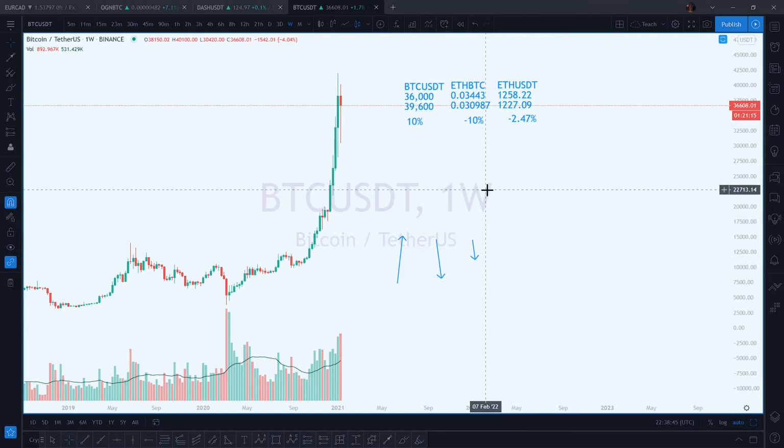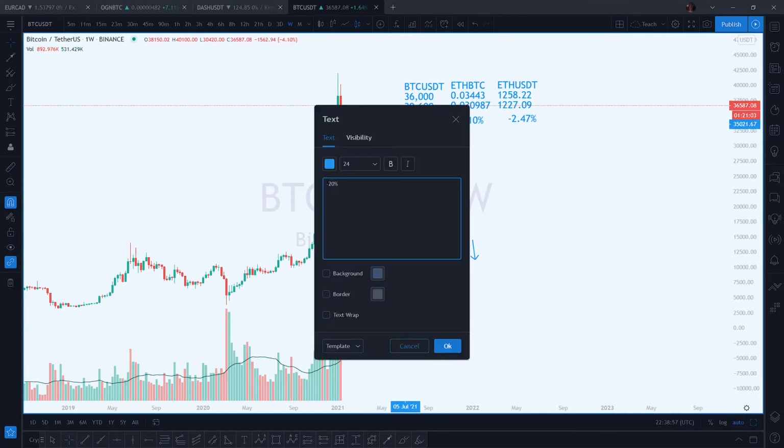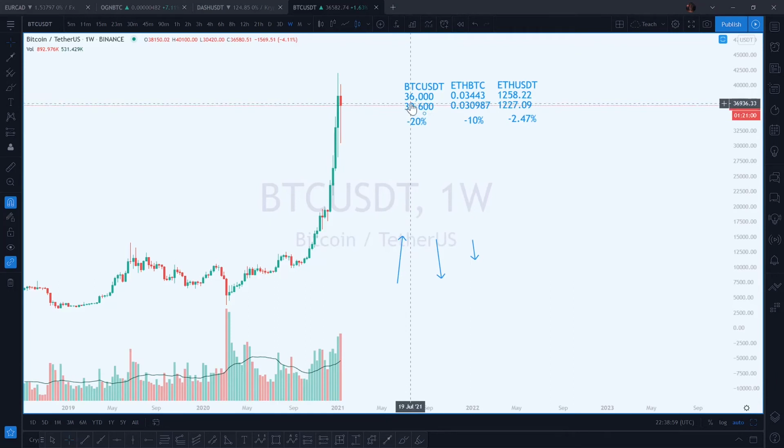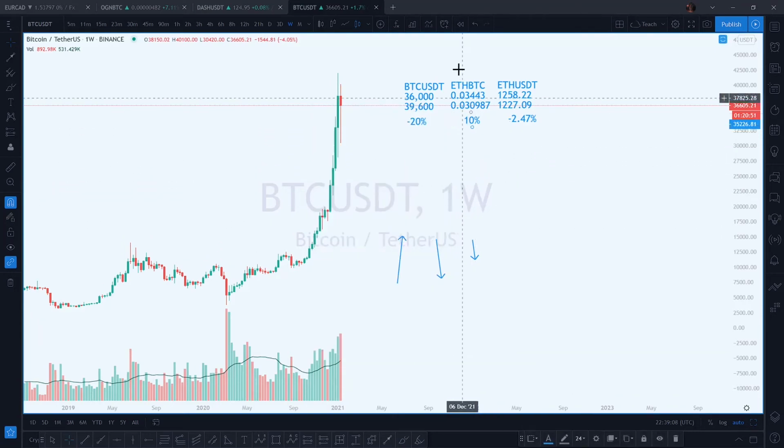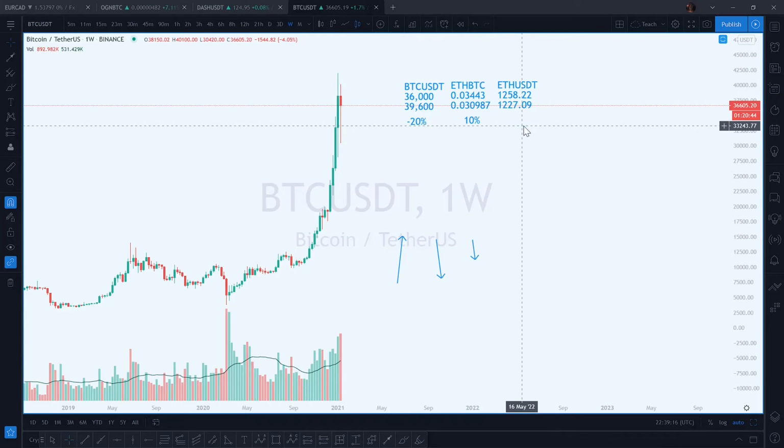But then assuming we have a 20% drop on Bitcoin from this last price, and we have a 10% move to the upside on ETH BTC, what would be the percentage of move, either to the upside or downside, on ETH USD, and the value? So let's calculate that.